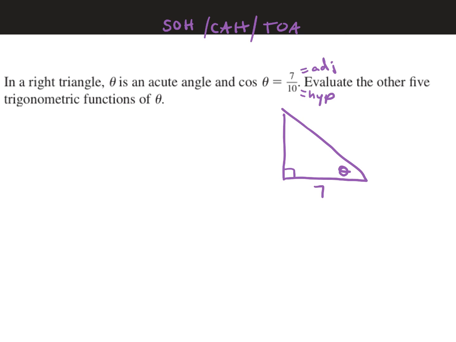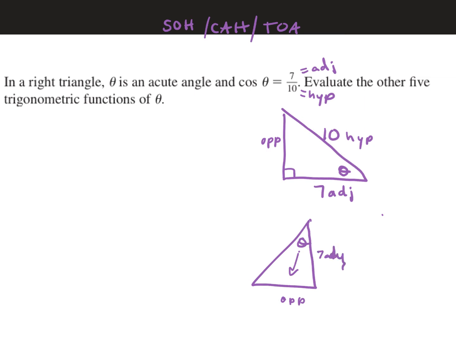Adjacent is 7. Hypotenuse is 10, so we're missing the opposite. It doesn't matter where theta is because we're drawing our own triangle. I could put my triangle like this and make theta appear. What matters is that this is still opposite, which is what we need to find, and this is still adjacent, which would still be 7.